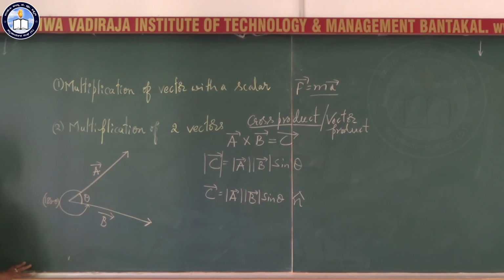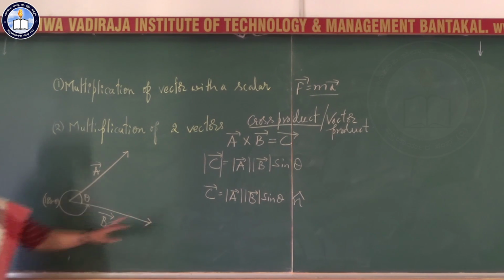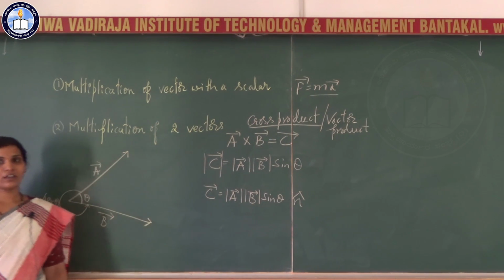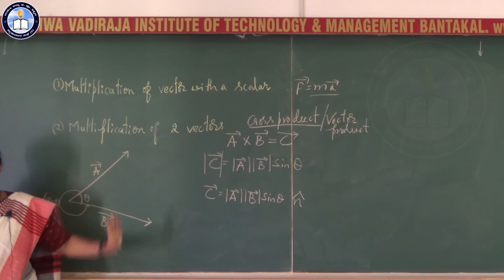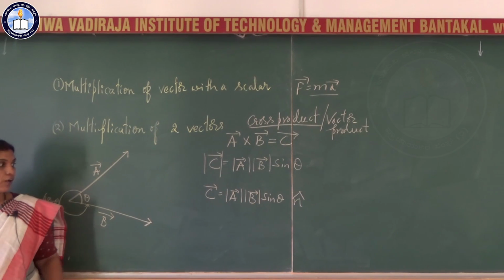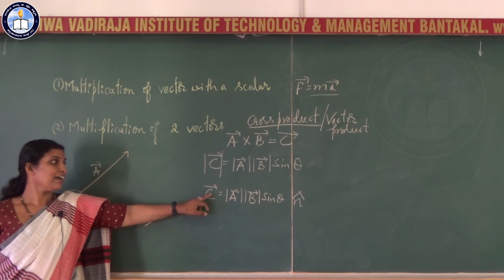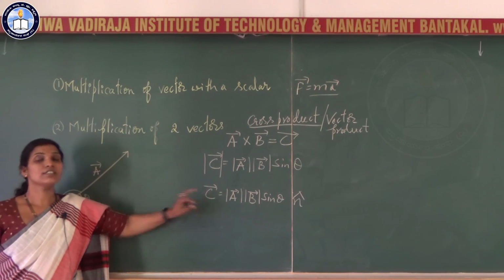What is this n cap? n cap is the unit vector. What is a unit vector? Any vector with specified direction and magnitude equal to 1. So, n cap is a unit vector in the direction of C vector, or in the direction of A vector cross B vector.